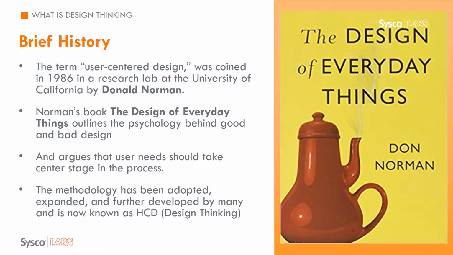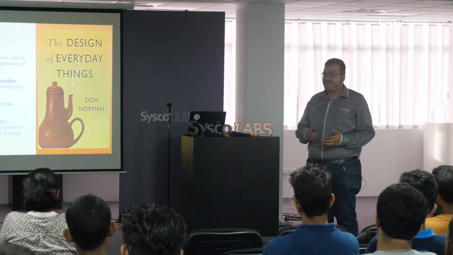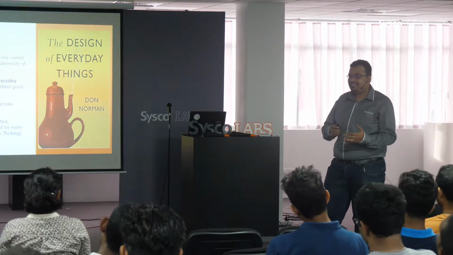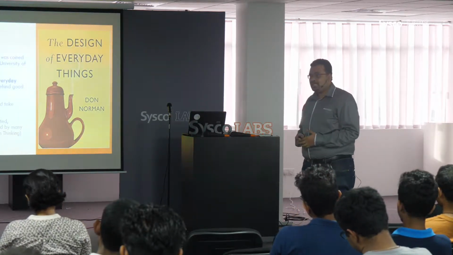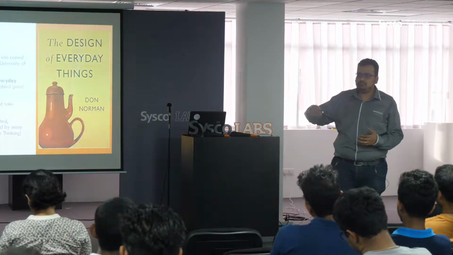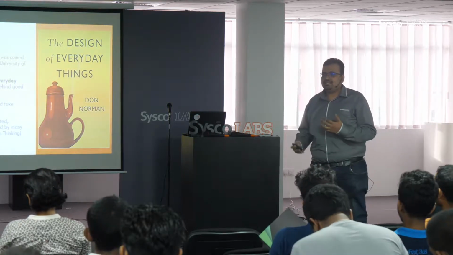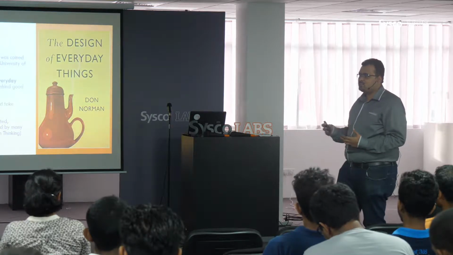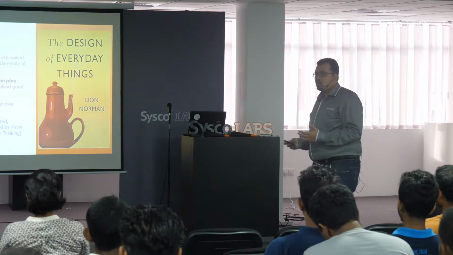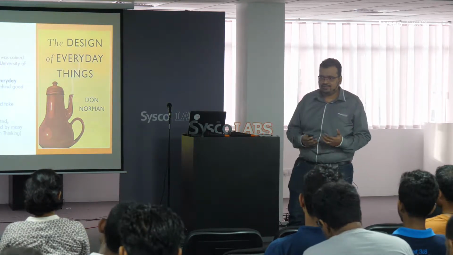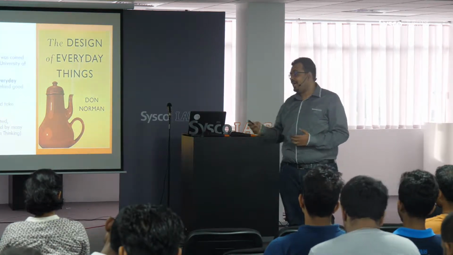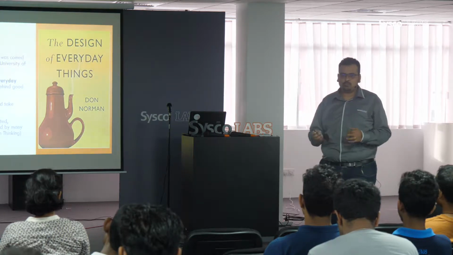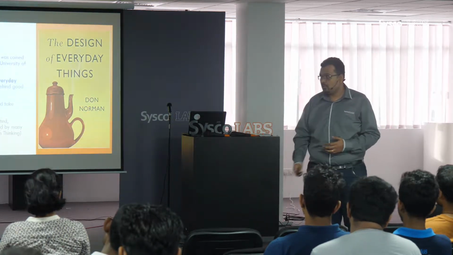In this book, he argues about good and bad design and the process or stages of design thinking. After he started, it has been proven and practiced, and a lot of people have engaged with this process. Right now, we call it HCD, or design thinking. Going on, I might use the words HCD and design thinking. Both mean the same thing.